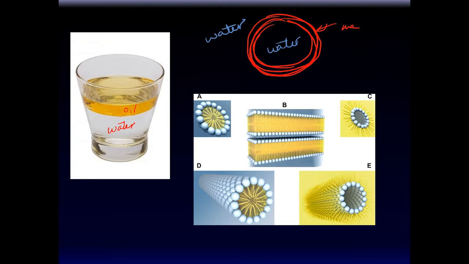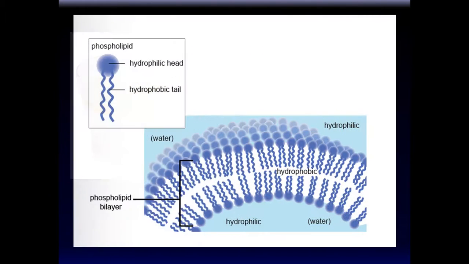It's like a big oil droplet, a hollow oil droplet, like a basketball. It's empty on the inside, and surrounded on both sides by watery substances. But this membrane, however, is not a plain oil like this. It's made up of lipid material that has very special characteristics, and we shall study that in a second.